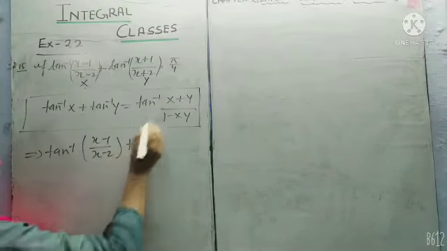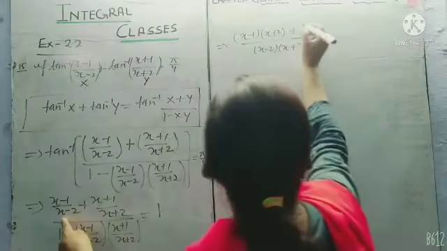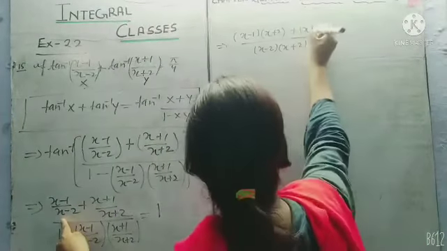equals 1. Now, we will take the LCM of numerator and denominator separately. Then it will become (x minus 2)(x plus 2) in the denominator. In the numerator we get (x minus 1) multiplied by (x plus 2), it is a very easy step, then (x plus 1) multiplied by (x minus 2), upon, again we take the LCM, so it becomes (a minus b)(a plus b), which is the formula a square minus b square.